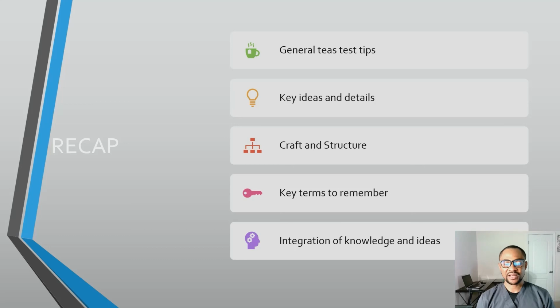So I spoke about the key ideas and details, then went to craft and structure, and also I spoke about the key terms to remember when you are taking your reading test. Lastly, I spoke about the integration of knowledge and ideas.